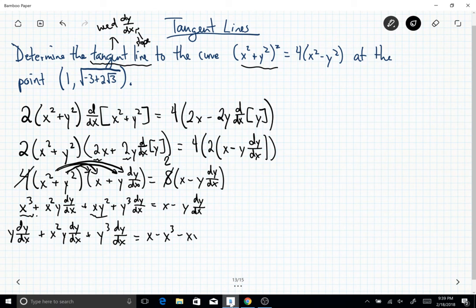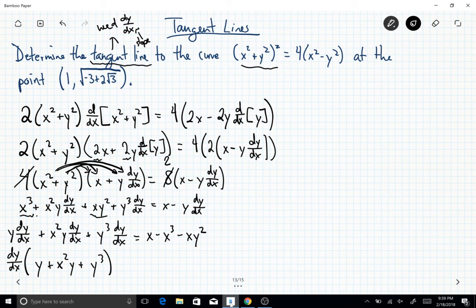minus xy squared. So notice from here we can factor out a dy/dx. We get dy/dx, and then we can go y plus x squared y plus y cubed. Okay, and all that should equal x minus x cubed minus xy squared.